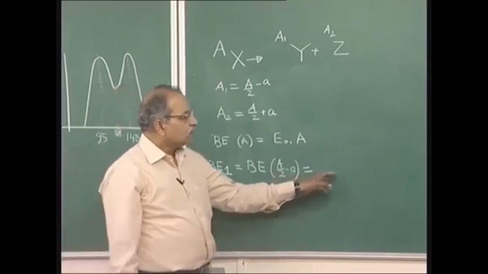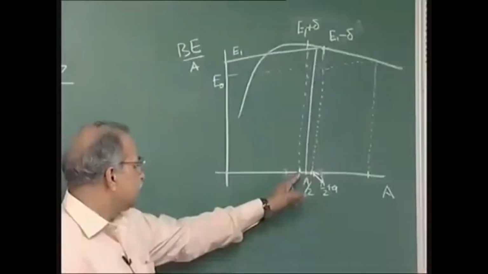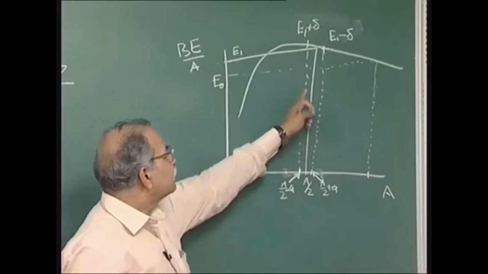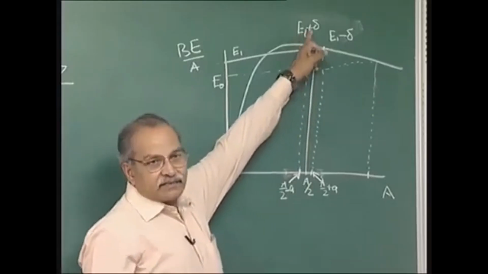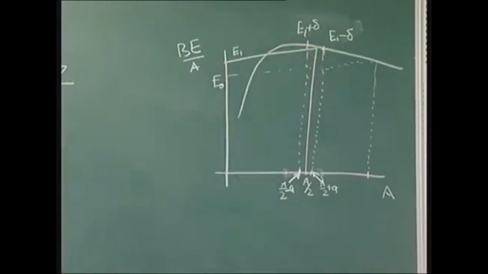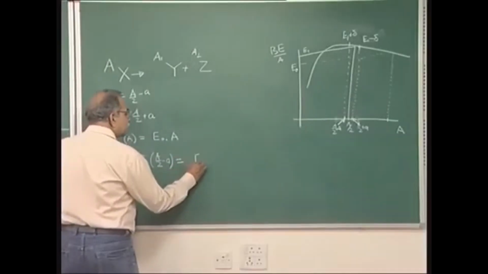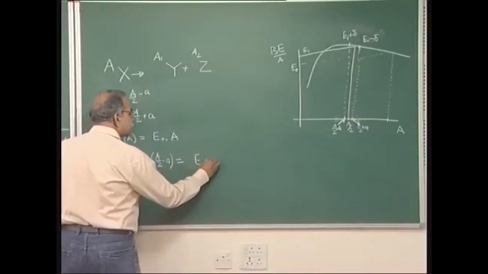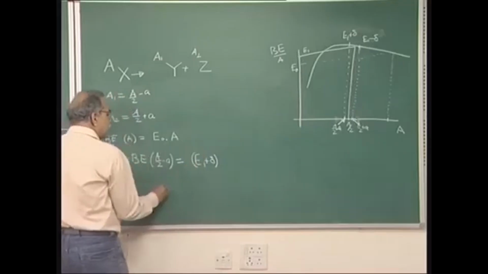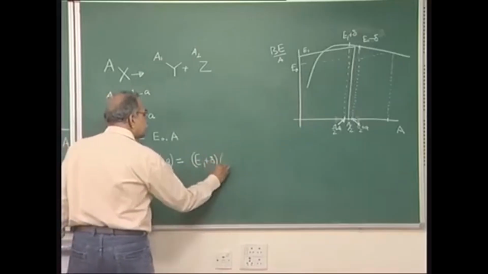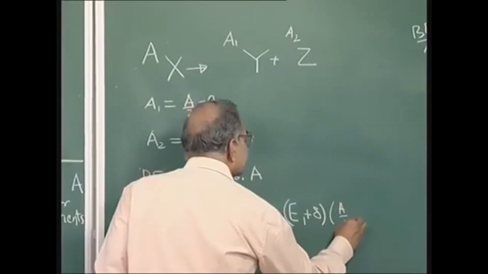So, on the plot at A by 2 minus a, the binding energy per nucleon is E1 plus delta. So, this is E1 plus delta, that is the binding energy per nucleon, and that is multiplied by this A by 2 minus a.